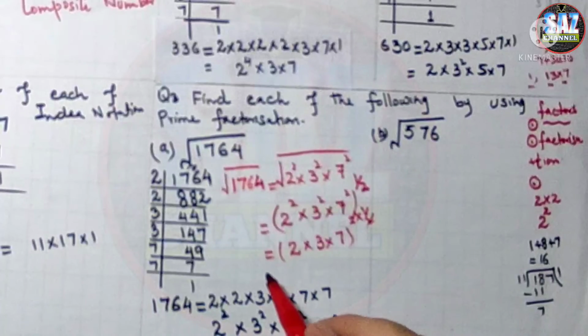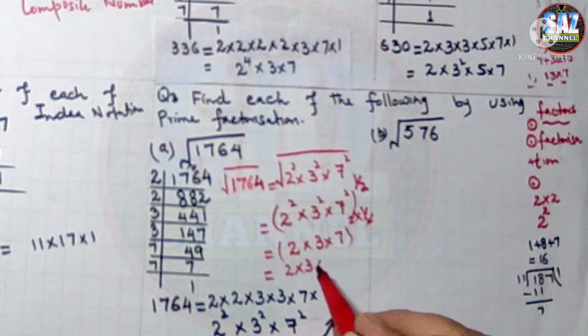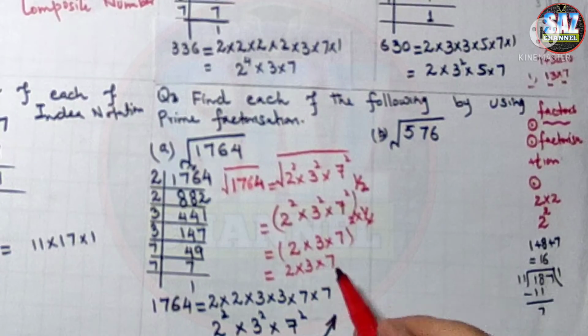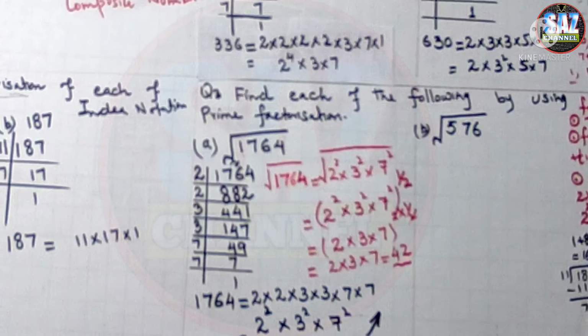This will go, and I will be left with 2 times 3 times 7. 7 3s are 21, 2 21s are 42. 42 is the number whose square is 1764. Here one thing I want to teach my students is that for a number to be a perfect square, the index of each prime factor must be a multiple of 2.